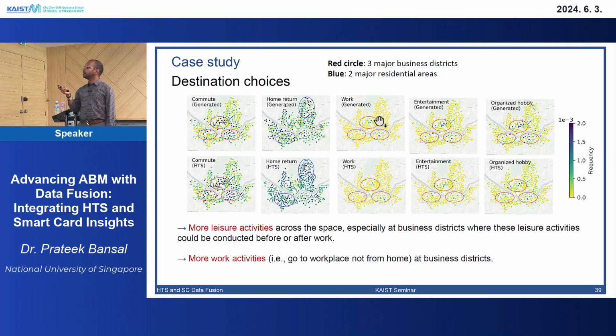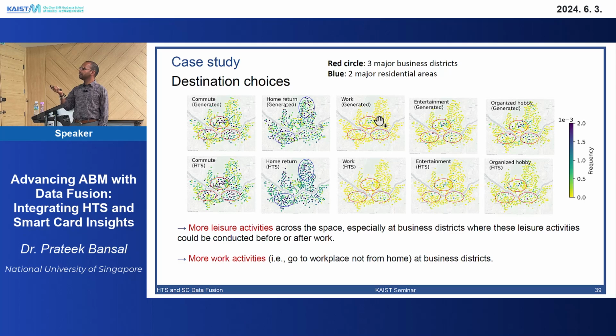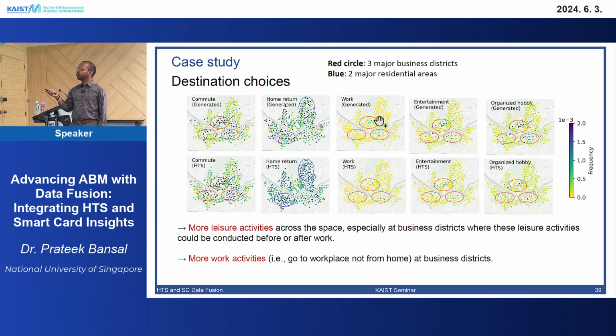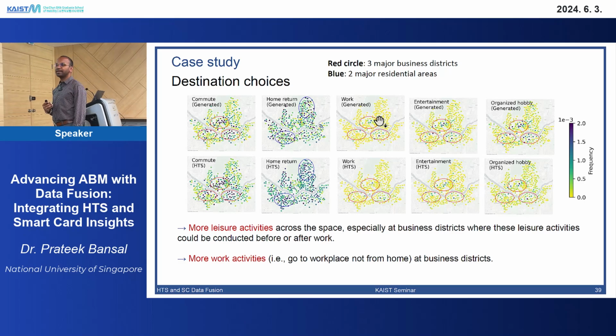This is the generated one using the data fusion, and this is the HTS. This is for the work trip, and this is for the entertainment. You can see that the darker dots imply higher frequency. So in the business district areas, we do have more dots, a higher frequency of entertainment trips.